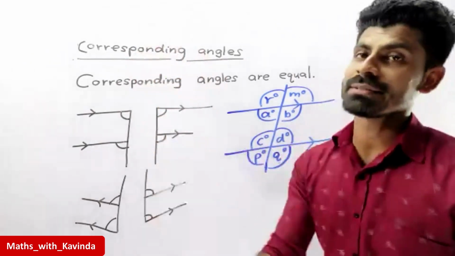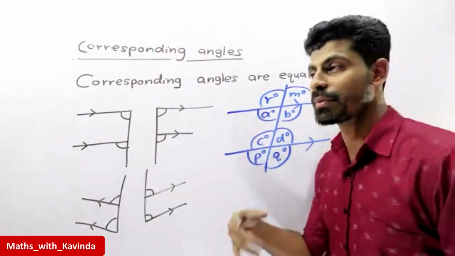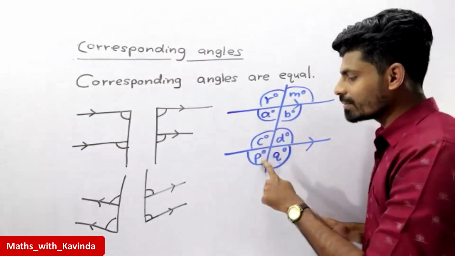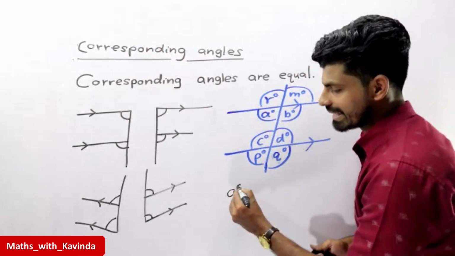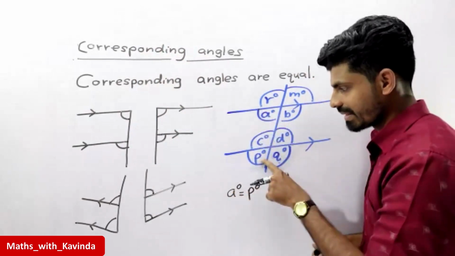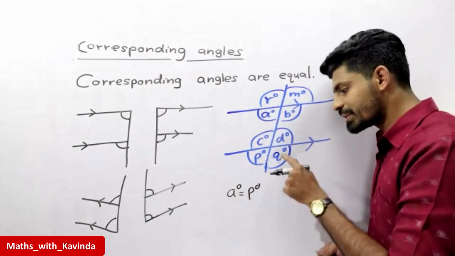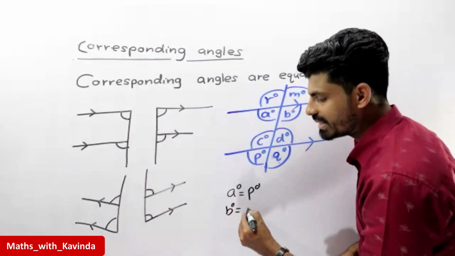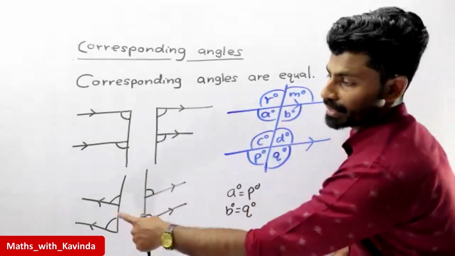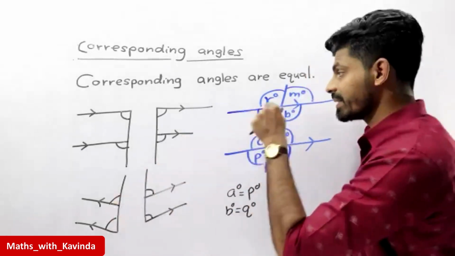Now just consider the corresponding angles. Corresponding means letter F. So A equals to P. B equals to Q. Look at the third figure.